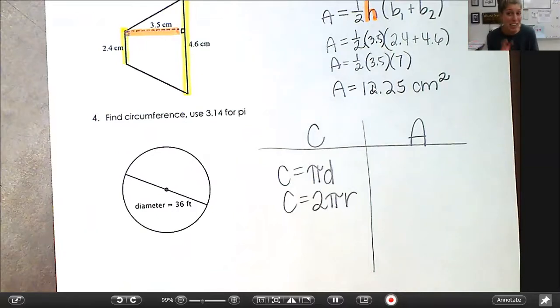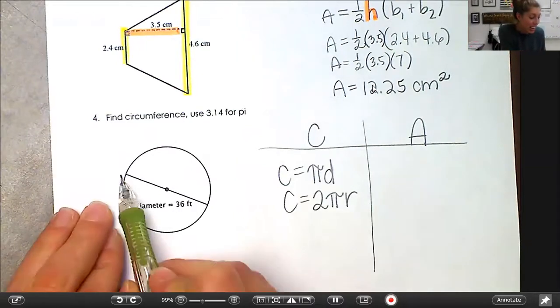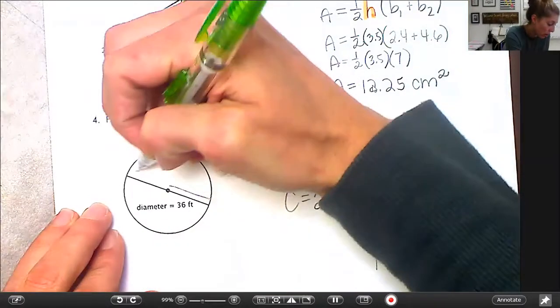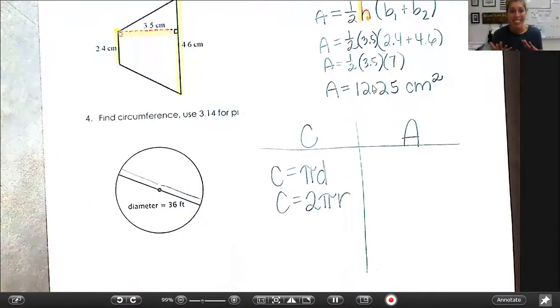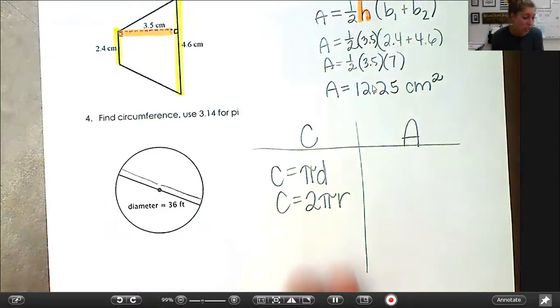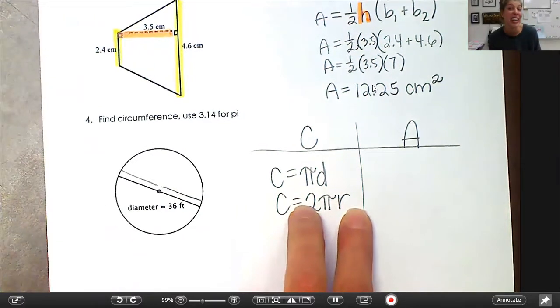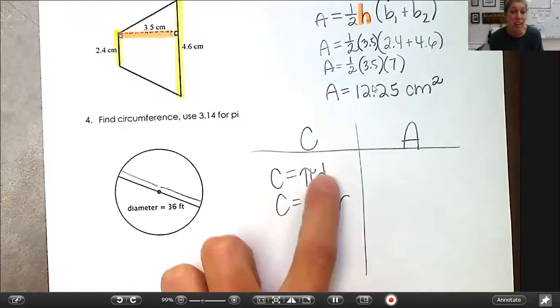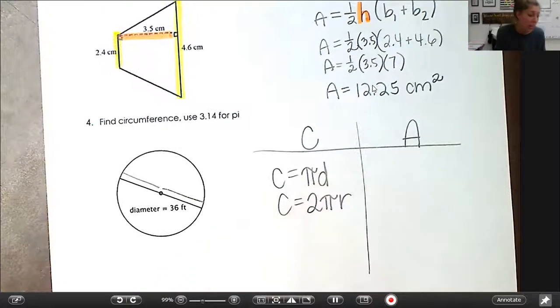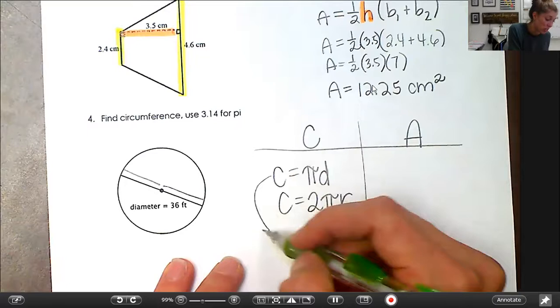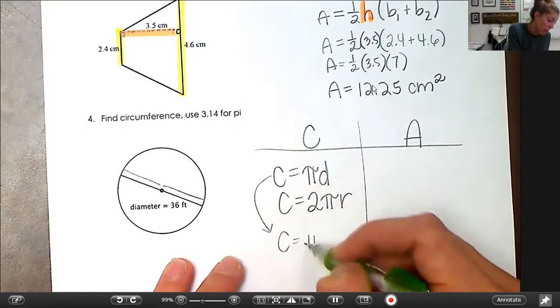You'll see formulas and they'll be interchangeable, and that's because the diameter is 2 radii put together, right? So 2 radius measurements are identical to a diameter measurement.